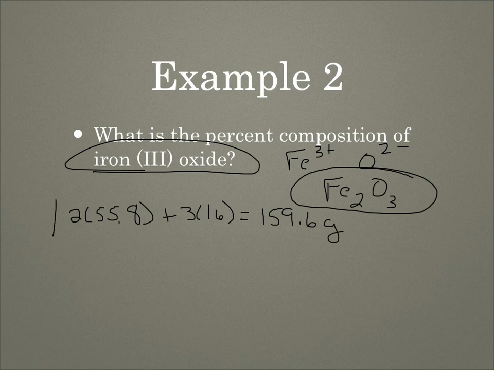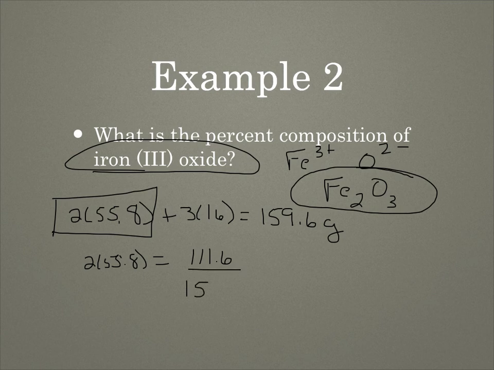And then just take part over whole. So here's my iron part, the 2 times 55.8, or 111.6, and put it over the whole thing, 159.6. Take it times 100, and what you end up with is 69.9.